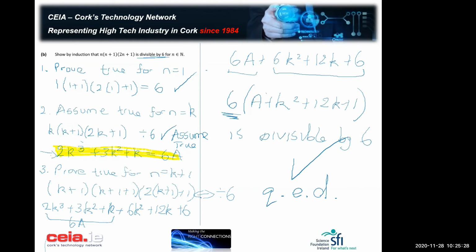Okay, so just to recap, these are the steps that you have to take. Learn them off. Step 1, prove it's true for n is equal to 1. Step 2, assume it's true for n is equal to k. And then the third step is prove it's true for n is equal to k plus 1.